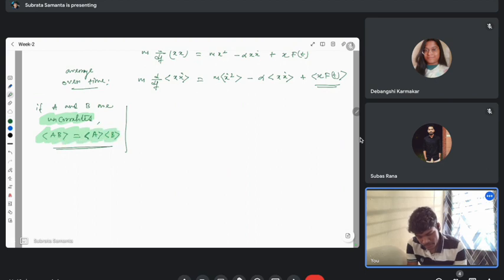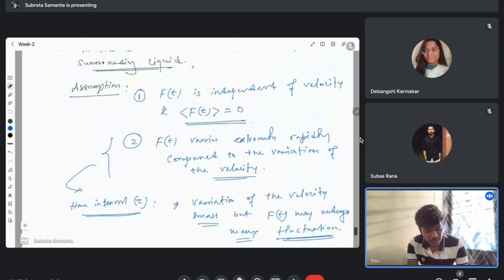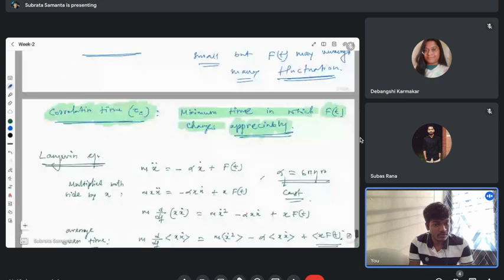So the average of x f(t): f(t) is time dependent and x is uncorrelated with it, so we write it as the average of x times the average of f(t). You assume that f(t) is independent of the velocity and of the particular position. f(t) appears randomly, not depending on the position x or the velocity.